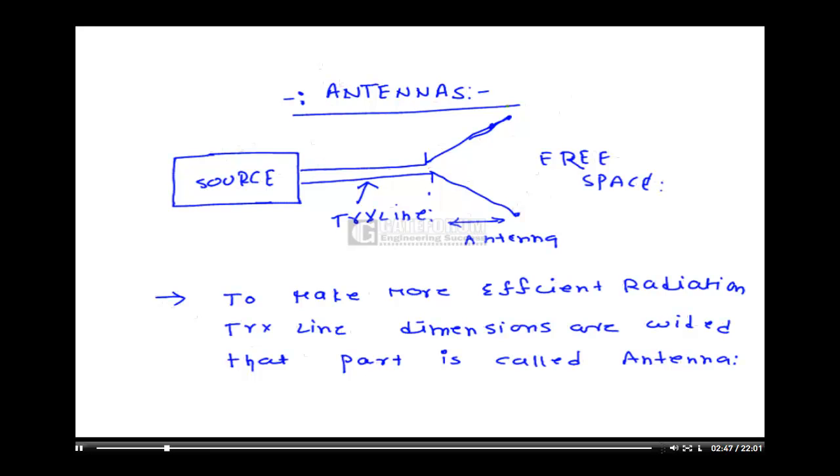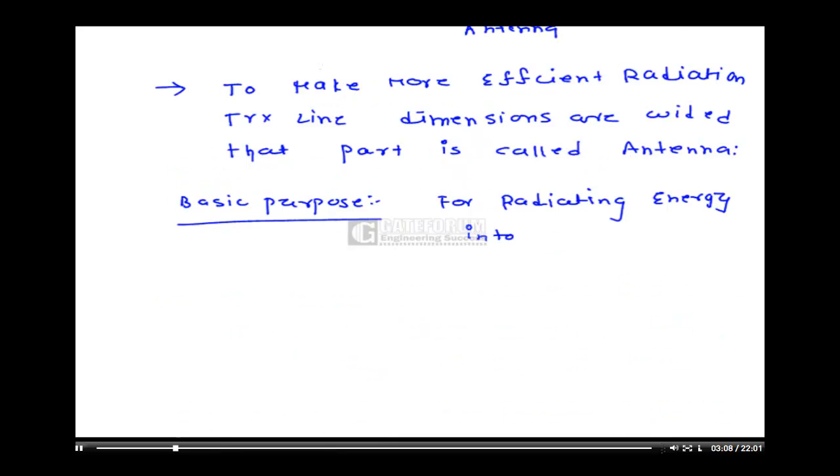So that is the basic purpose of an antenna: radiating energy into free space.